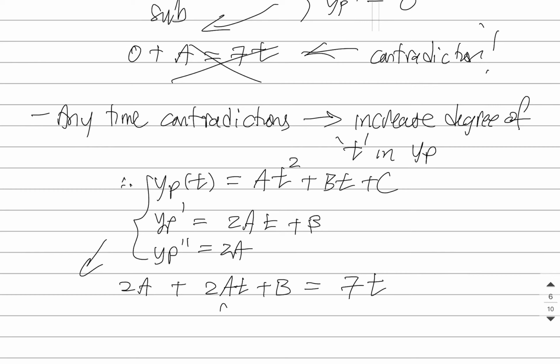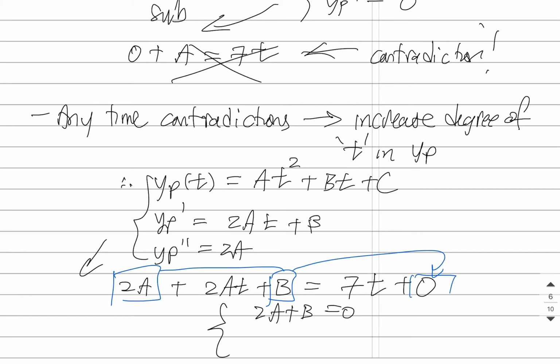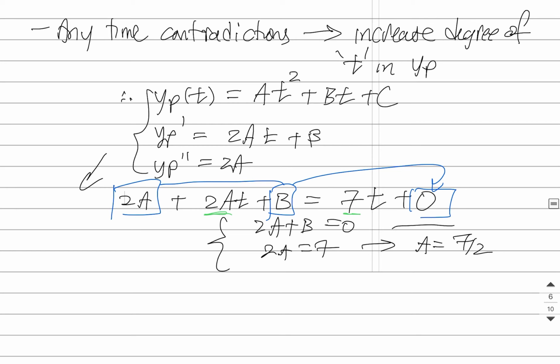You would find a system. 2a plus b is 0 because there's a constant on that side. Constant and constant equal this constant. And then the other equation would be for powers of t. And you would have that 2a is 7. So here you'd find that a is 7 over 2. And then in the other equation, you would find that b is negative 7.